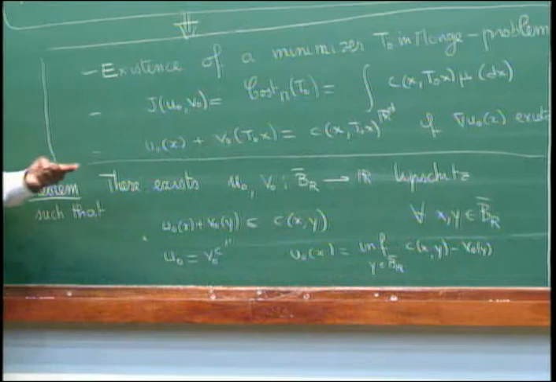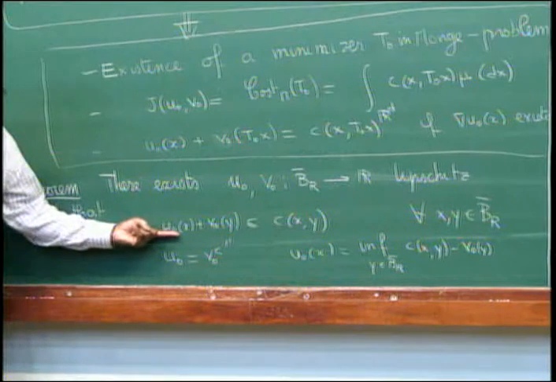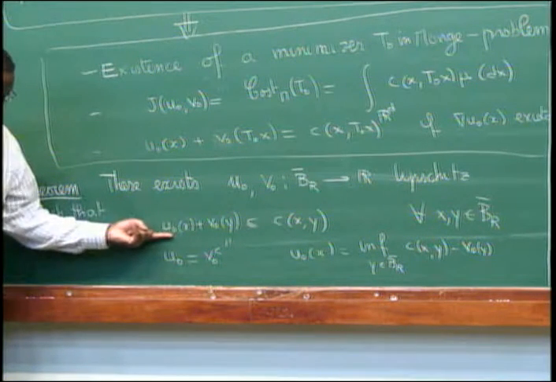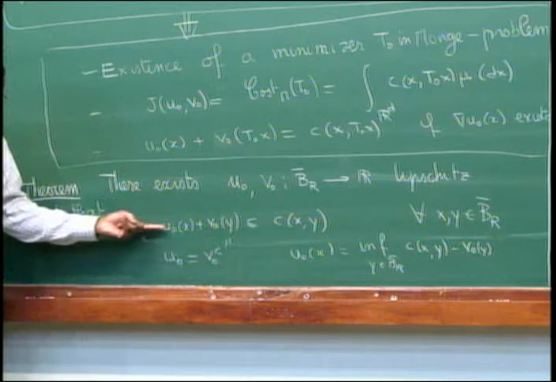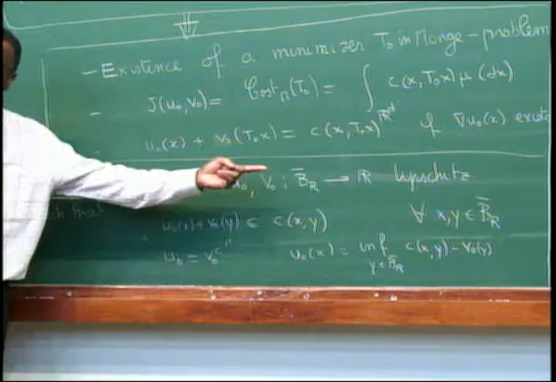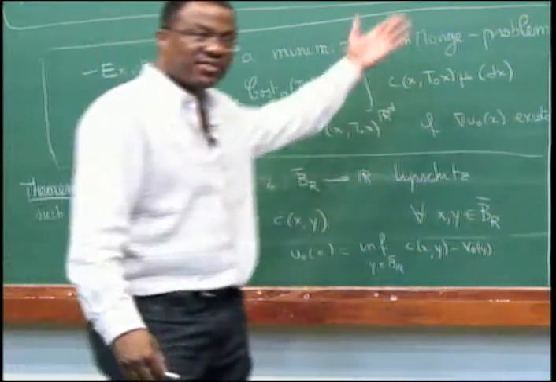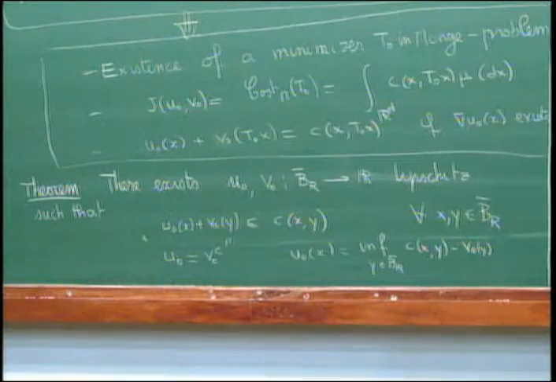So note that when I take the extension, when we are not on the ball, U naught is negative infinity, V naught is negative infinity, the sum is negative infinity, and so the inequality holds. So we are still in U bar C with the extension.